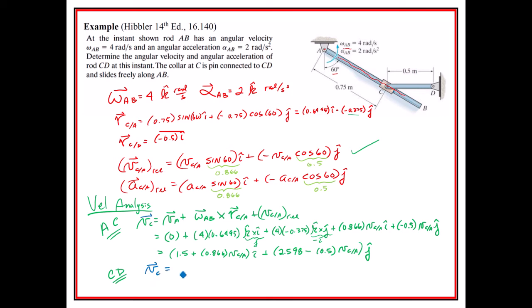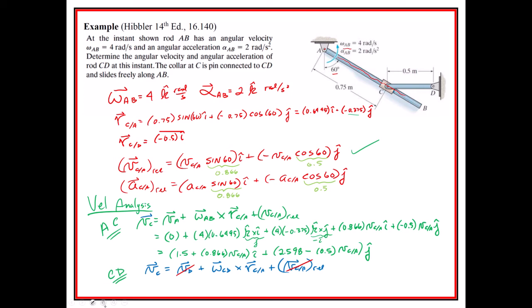So the velocity of D plus omega CD crossed with R C with respect to D, plus V C with respect to D relative. But the velocity of D is 0 and the relative velocity is 0.